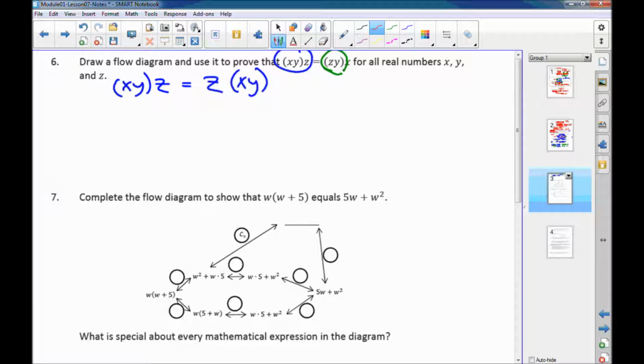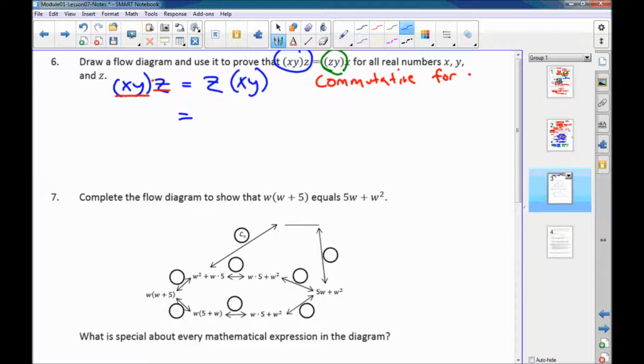Well, I changed the z spot with the parentheses xy spot. And I was multiplying between them even though I didn't see it. So I just switched 2 things. That is the commutative property for multiplication.